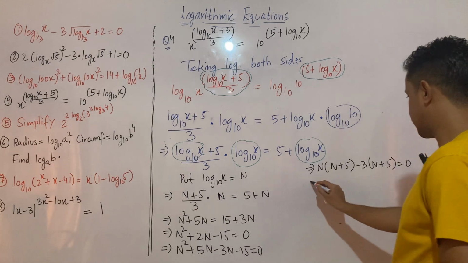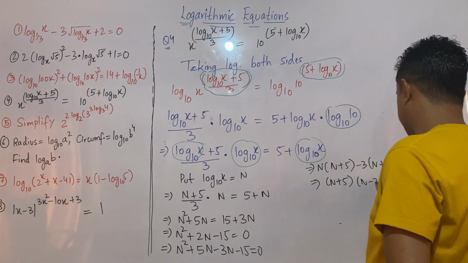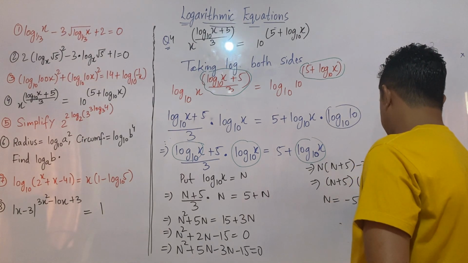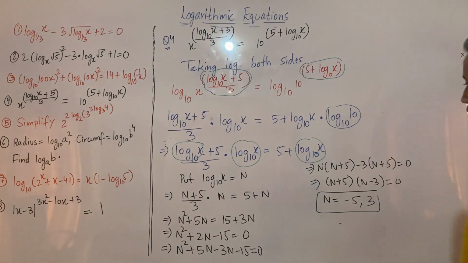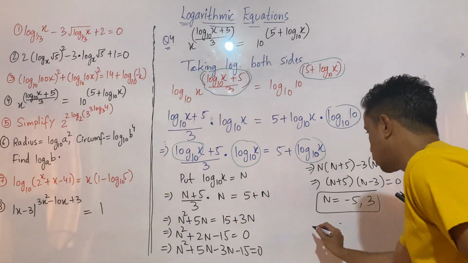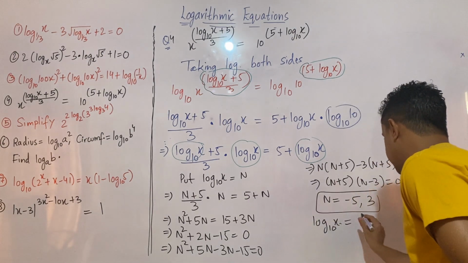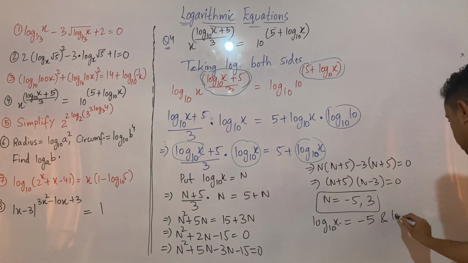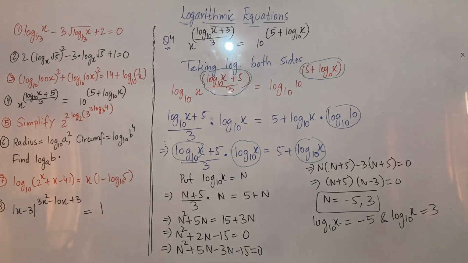So our factors are going to be n plus 5 and n minus 3. From here the value of n is minus 5 and 3. Now, what did we assume? We assumed log of x to the base 10 is minus 5, and log x to the base 10 is 3.